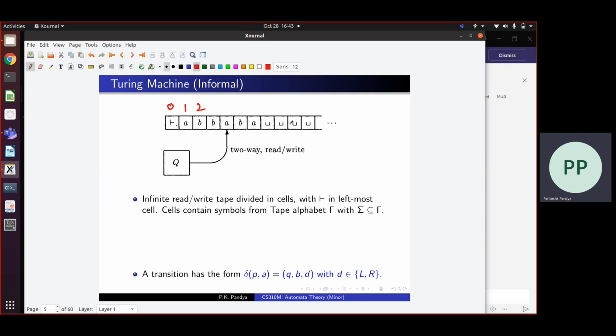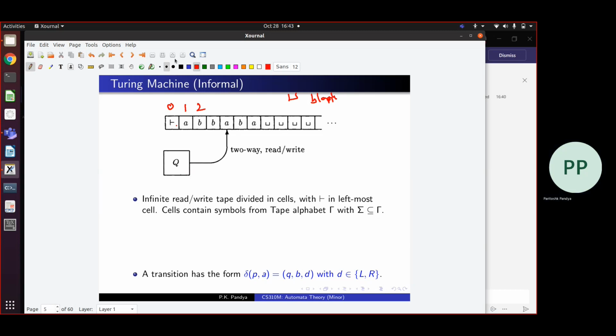The rest of the tape contains the blank symbols. So this symbol here denotes a blank symbol. It means no useful symbol has been written onto the tape. Currently the tape content is the left end marker followed by A, B, B, A, B, A, and then an infinite sequence of blanks, right?